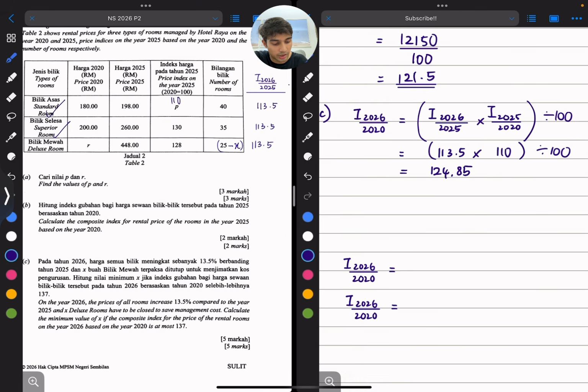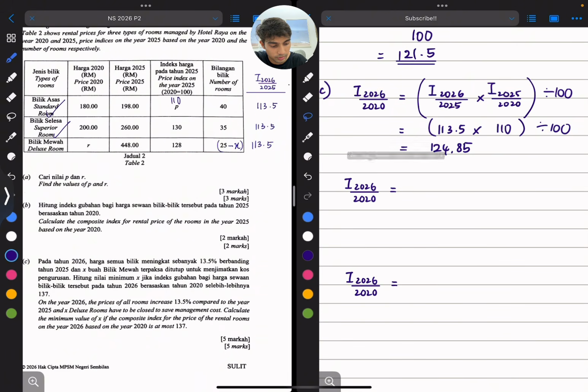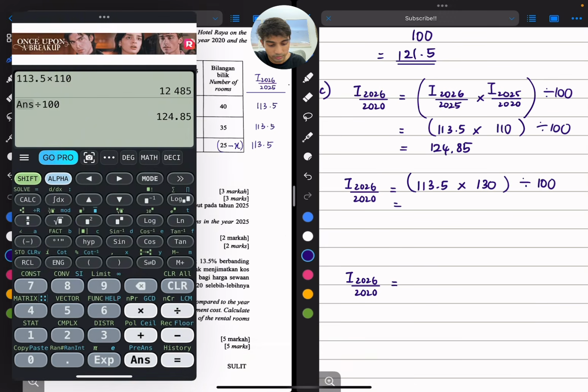Now we do the superior room. Same formula: 2026 over 2025 times 2025 over 2020, divided by 100. We get 147.55.